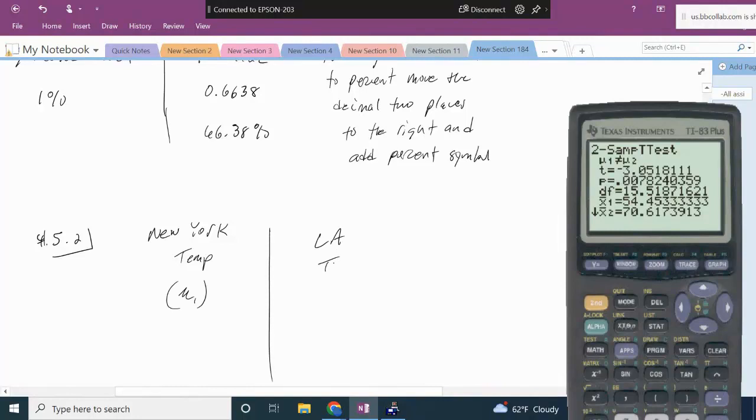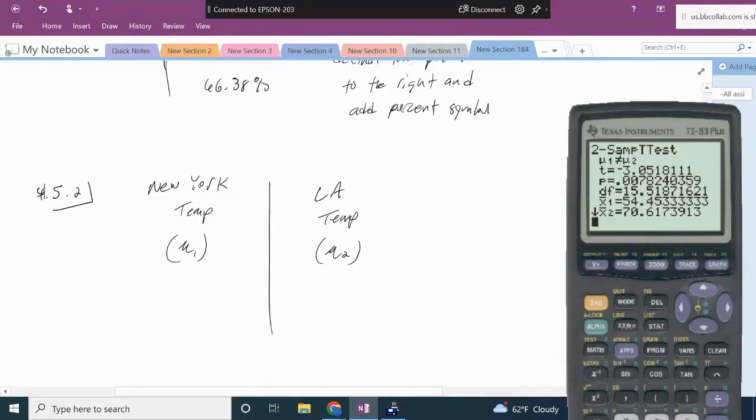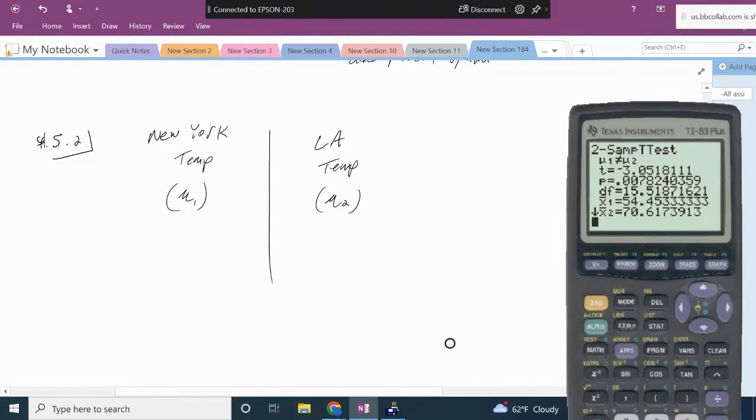We're given Los Angeles temperatures, which is mu 2. So our null hypothesis is mu 1 is equal to mu 2. So the hypothesis is that both of the temperatures are the same. The alternative hypothesis is mu 1 is not equal to mu 2.